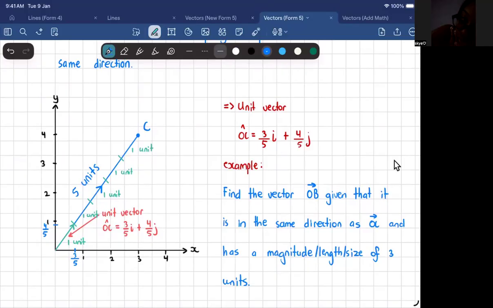Find the vector O to B given that it is in the same direction as O to C and has a magnitude slash length slash size of 3 units.